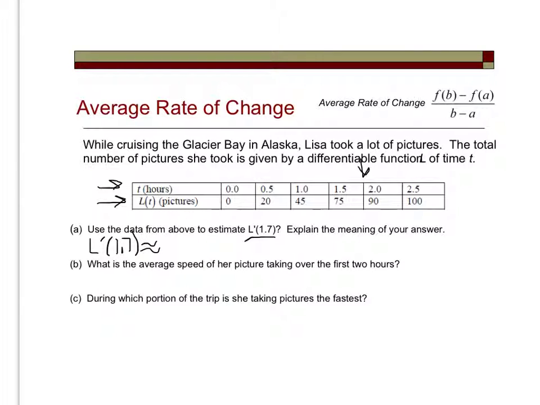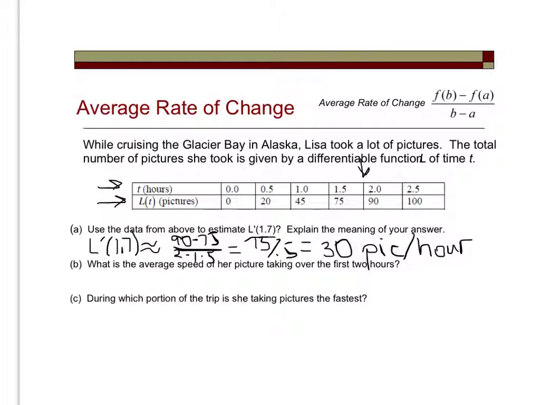To find that rate of change, we go the change in y over the change in x, over 2 minus 1.5. You can see we end up with 15 over 0.5, which is 30. Now, 30 what? That means she's taking 30 pictures per hour.